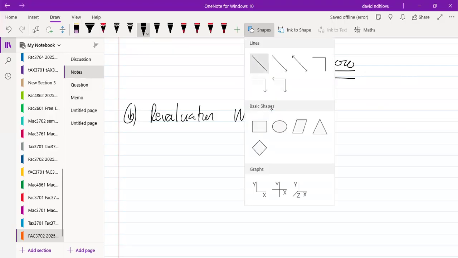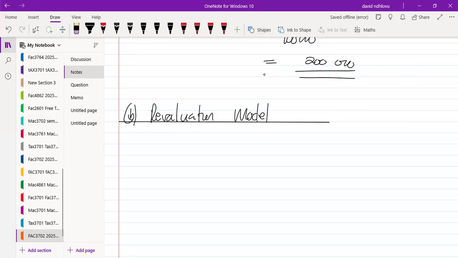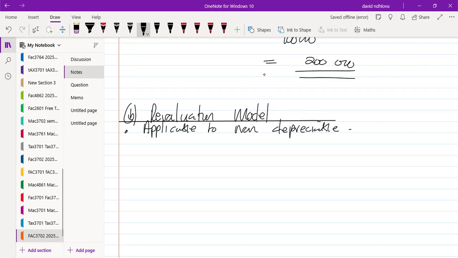So the revaluation model is applicable to non-depreciable assets. So we won't be applying this method to assets that have depreciation.